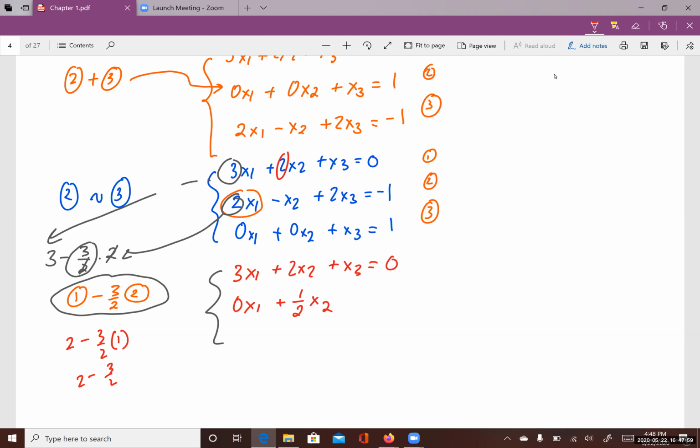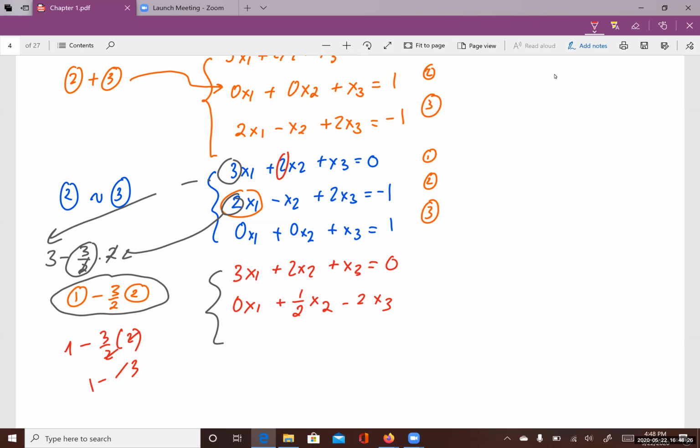Does that make sense? So that's how I calculate the second coefficient for the second variable. And for the third one, I just take 1 minus 3/2 times 2. And I will get 1 minus 6 minus 3, which is going to be negative 2 x3.